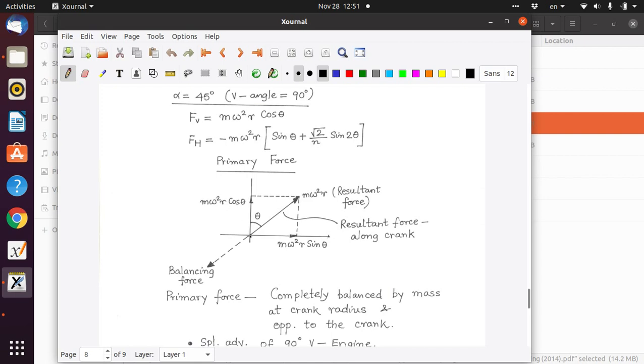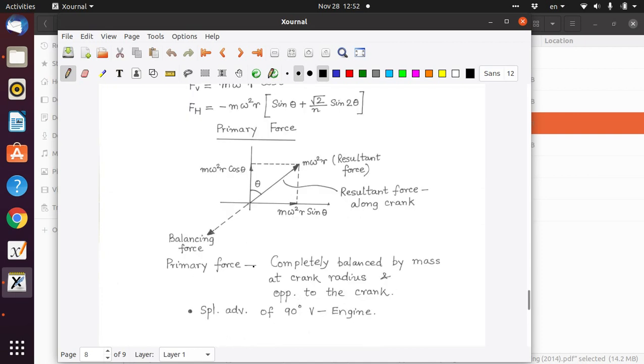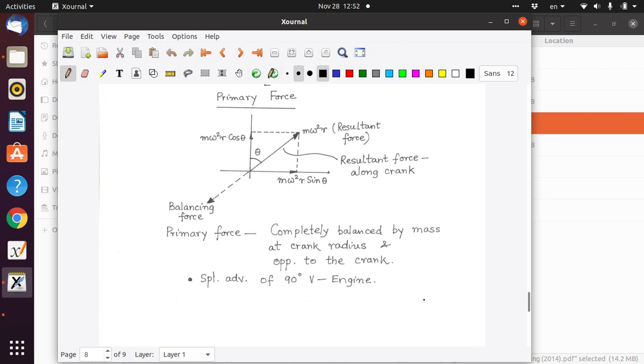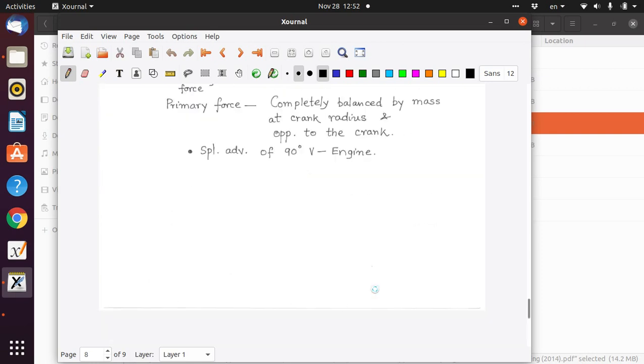So the resulting unbalanced force is along the crank. If you put an opposite force on the other side of the crank, that would balance this unbalance. So for a 90-degree V engine, the primary part can be completely balanced by a mass at crank radius and opposite to the crank. This is the special advantage of the 90-degree V engine.